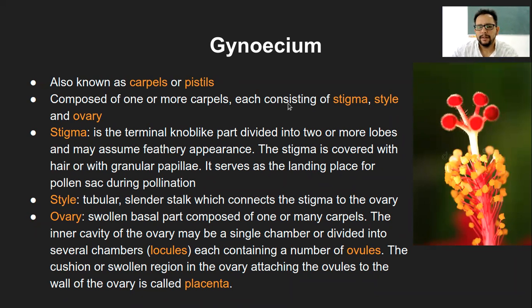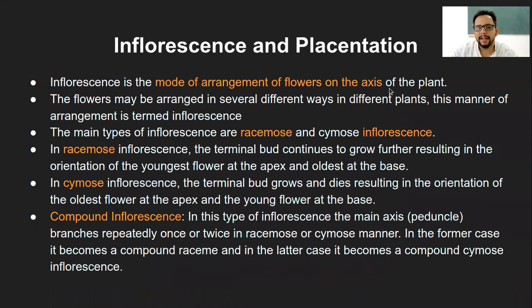Okay, so the four whorls we have completed, and now we'll move on to the next part, that is the inflorescence and placentation. First, inflorescence, which is the mode of arrangement of the flowers on an axis. That means, if there is a particular branch, how the flowers are arranged around that branch is nothing but the inflorescence.